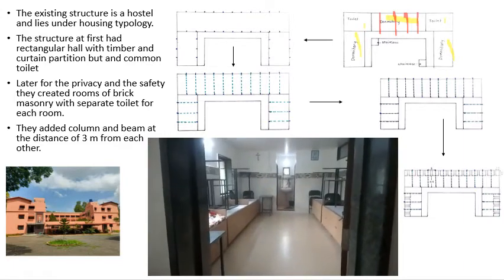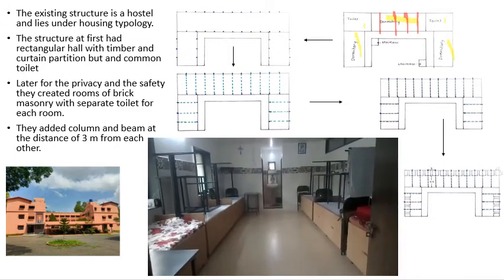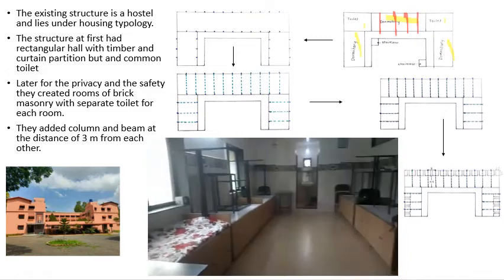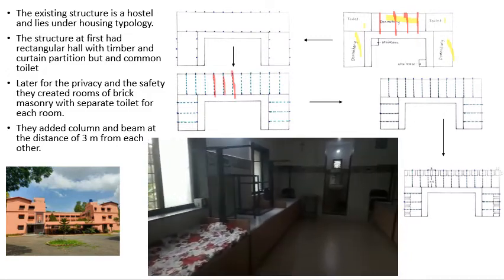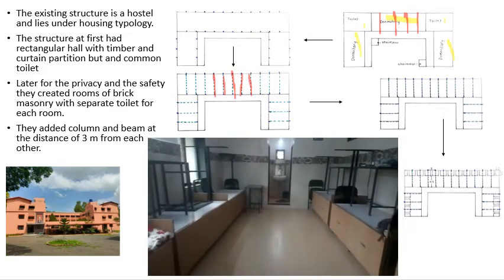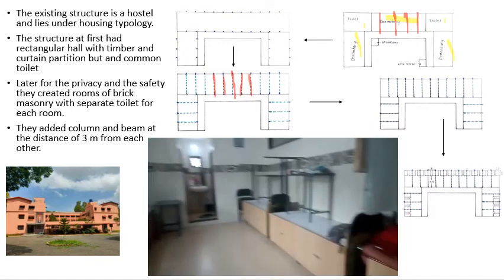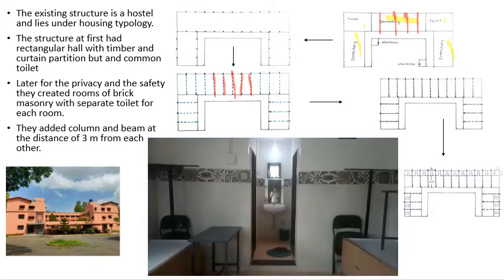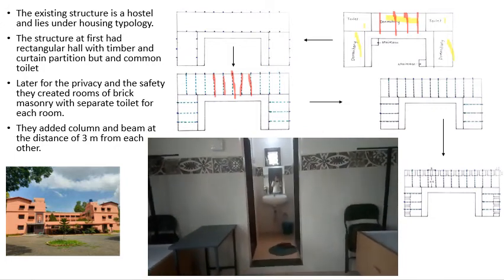But afterwards, as needed, they introduced new columns and beams to the structure, and walls, and they created rooms out of it. Different rooms were created, and all the rooms have different toilet areas and the room. We can see here.